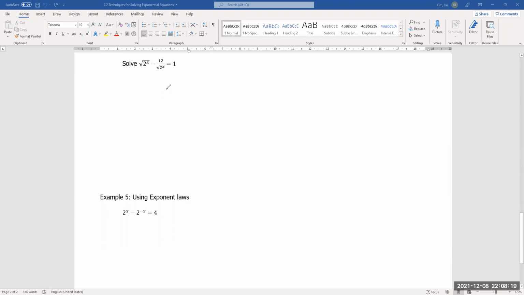Right. Assuming that you had a chance to try it, the correct substitution, or the simplest substitution, is literally just changing the square root of 2^x into a. And just so you know, this is also equal to 2 to the power of x divided by 2. They're the same thing. So the square root is a.